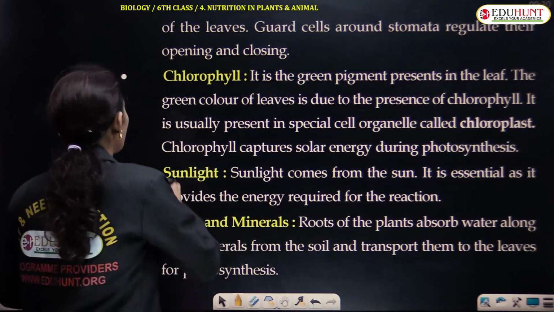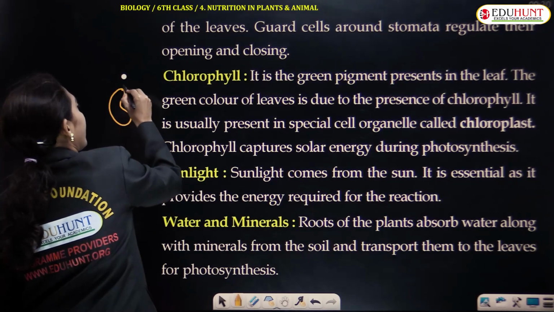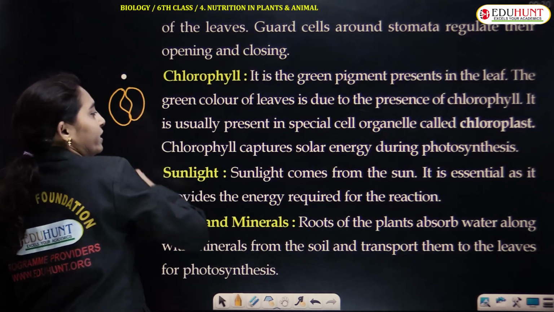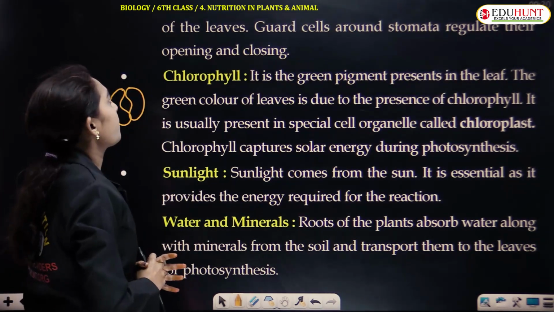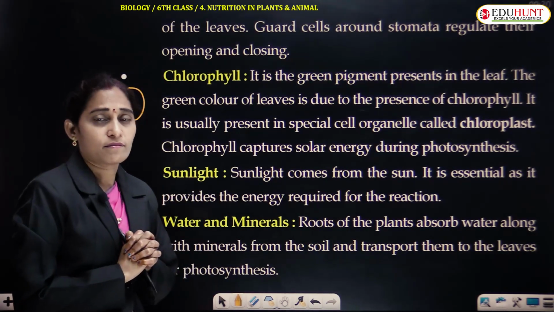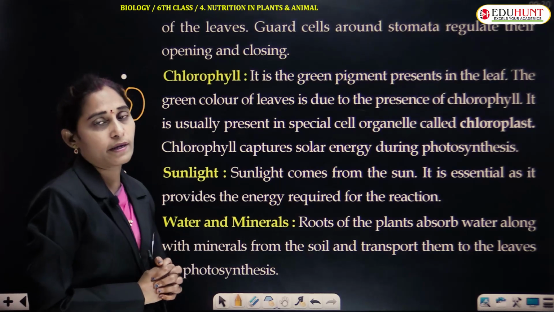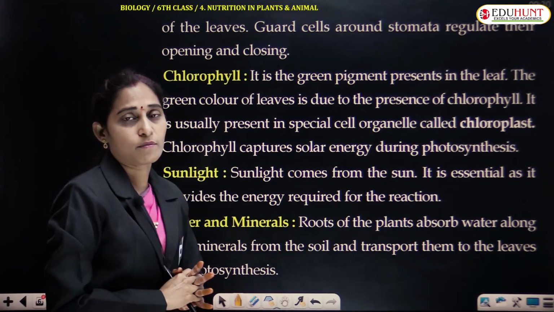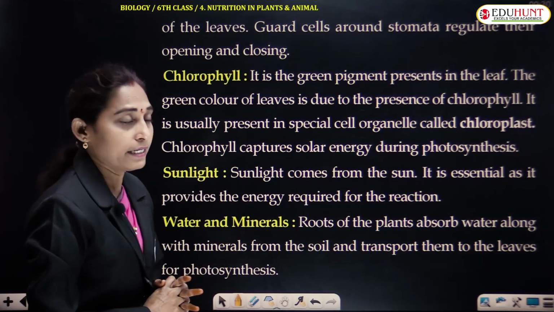They look like bean-like structures. We'll discuss them later in detail. They are present especially in leaves, the green aerial parts, and they are more in number in green leaves.